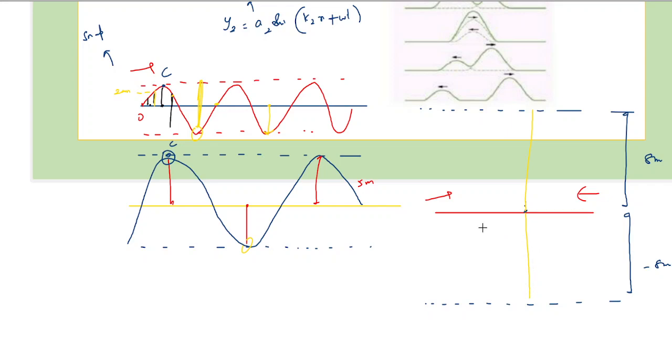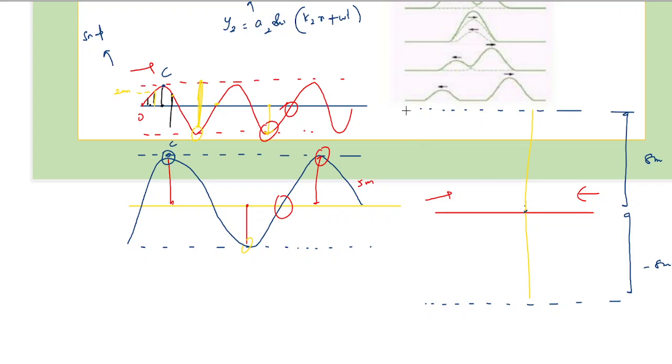At any point, for example, think it has a displacement of say 5 meters. That would mean that it is this crest falling on this point. If it has a displacement of say minus 3 meter, it means that it is this trough falling on this point. So wherever the particle is depends on what falls on which part.